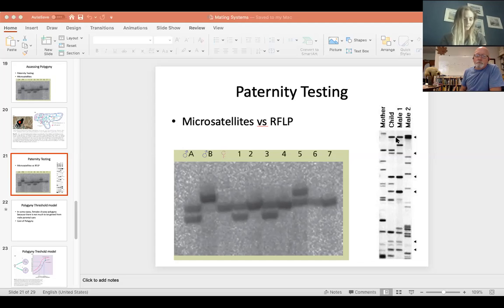So are these markers measuring the length of the cut pieces or the actual location of the site? They're measuring the length of the cut pieces, but the length of the cut pieces tells you where the locations are. So if you have a deletion or an addition that deactivates this restriction site, this small fragment and this medium fragment become one large fragment.